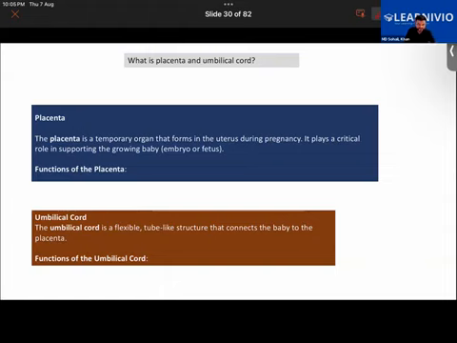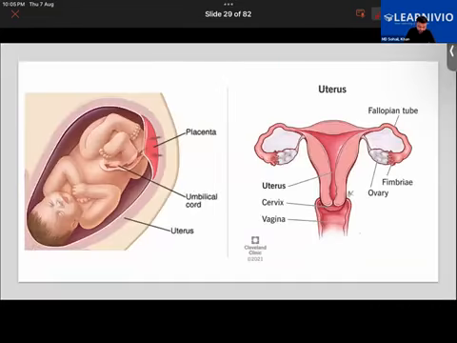So the placenta is a special tissue that forms during pregnancy. It acts as an important link between the child and the mother. Right now, we should be calling it a fetus, by the way.